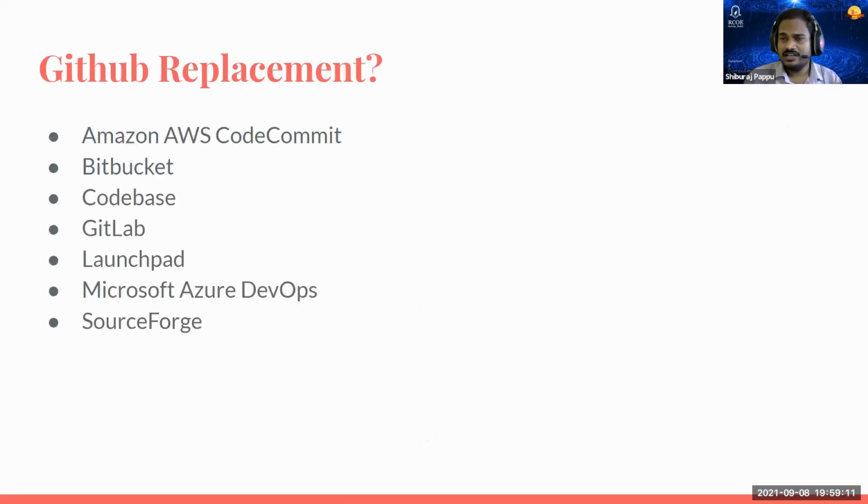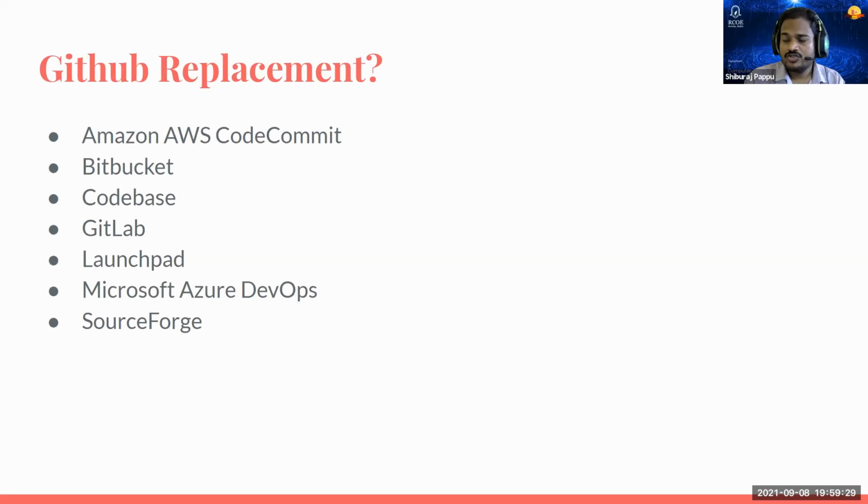So what are the other replacements for GitHub? Other than GitHub, what other providers are there? There is Amazon AWS CodeCommit, Bitbucket, one of my favorites, Codebase, GitLab.